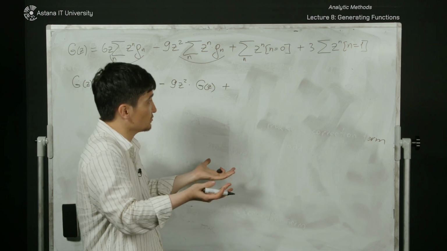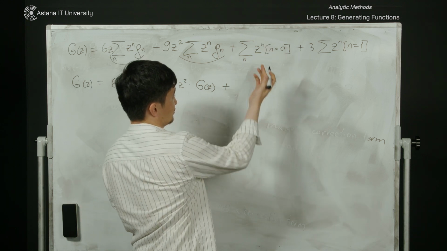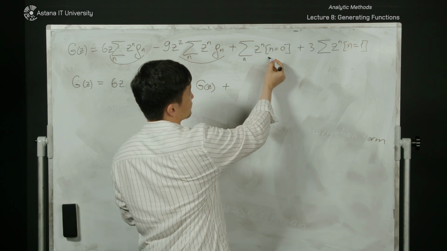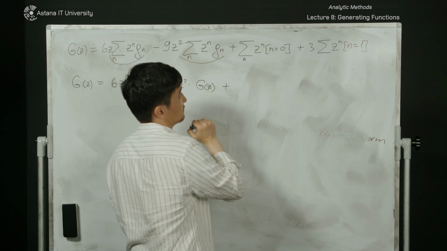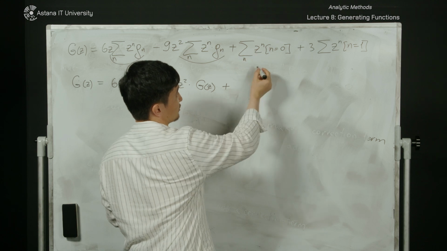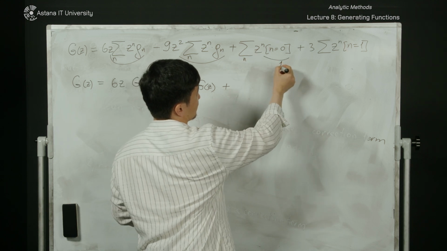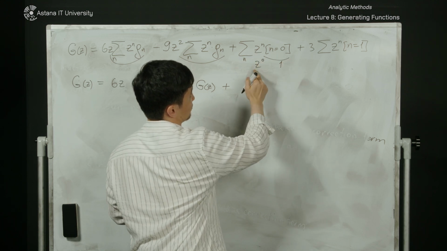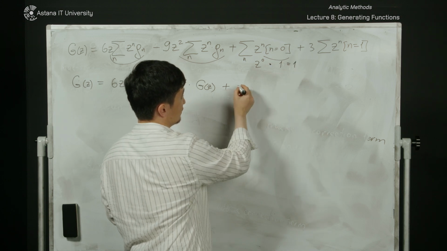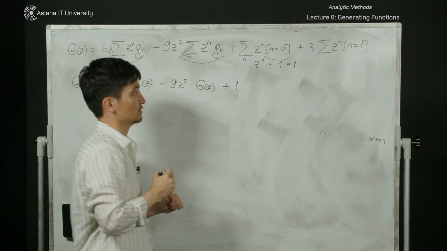So it simply remains for me to write the value when n equals 0. This will be 1, and z will be z to the power of 0, which is 1. Multiplied, which is 1. So simply, I will write 1.